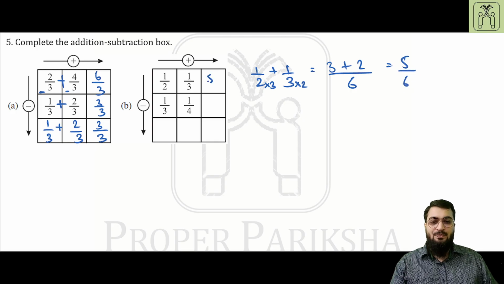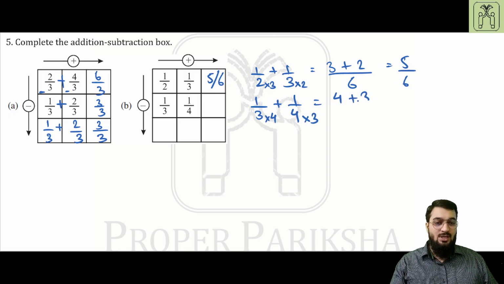So this will be 5 upon 6. Next is 1 upon 3 plus 1 upon 4, that is common denominator, taking 3 into 4, 4 into 3, that is 12, so this will be 4 plus 3 upon 12, that is 7 upon 12.